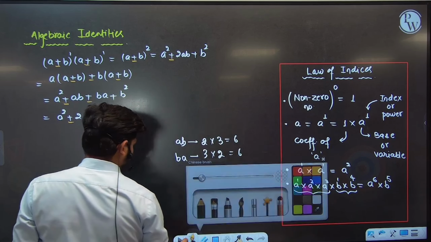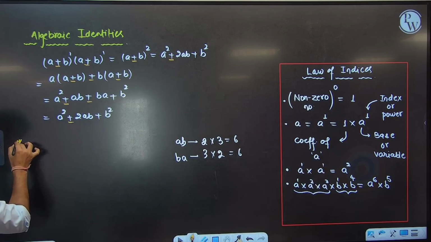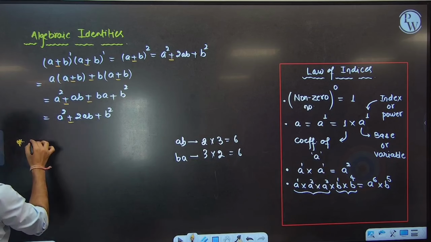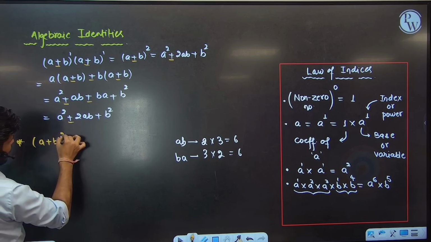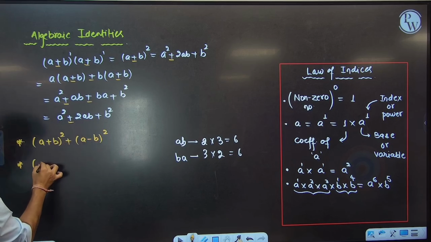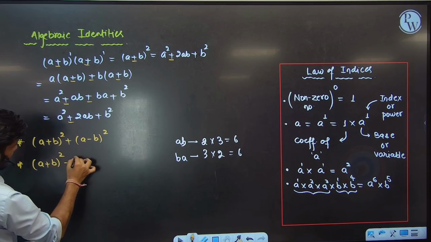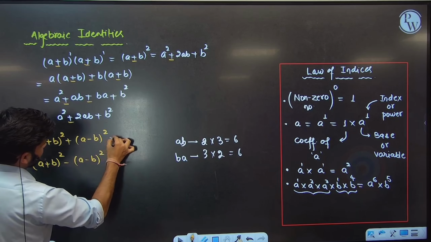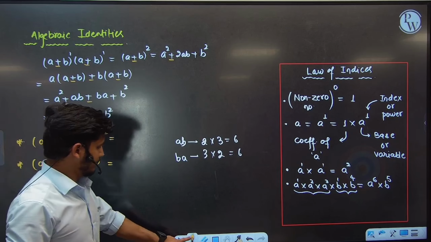Now tell me, we want to add (a plus b) whole square and (a minus b) whole square, and we also want (a plus b) whole square minus (a minus b) whole square. Now what will be the answer?